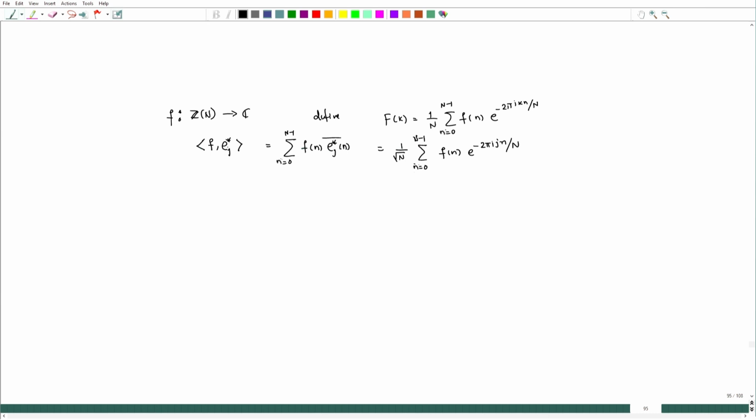Okay. So, now this one is nothing but square root of n f of j. So, with this observation, let us write down the inversion.